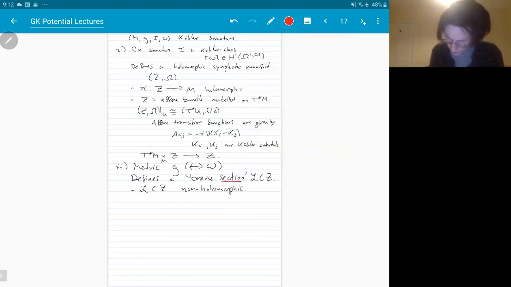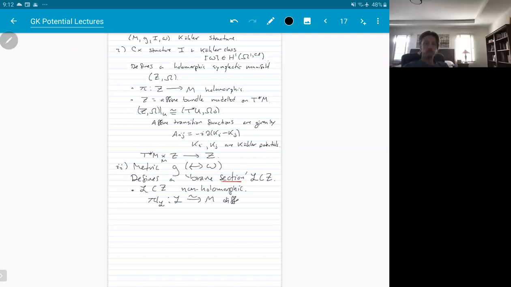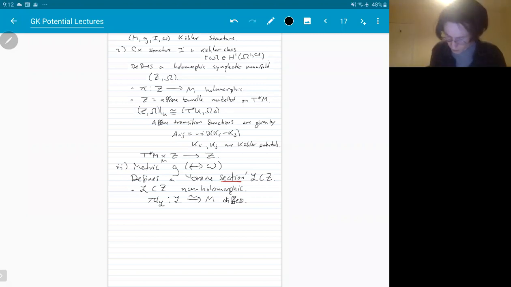The section property is the fact that the projection map restricted to L is a diffeomorphism. So that explains the term section, and the brane part means that L is Lagrangian for the imaginary part of ω.